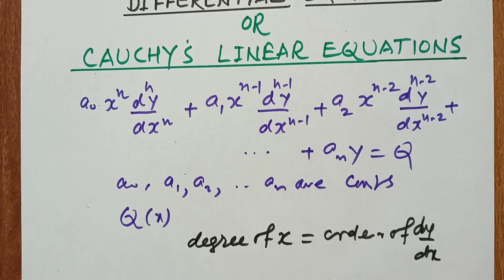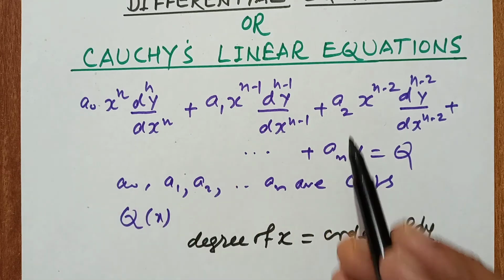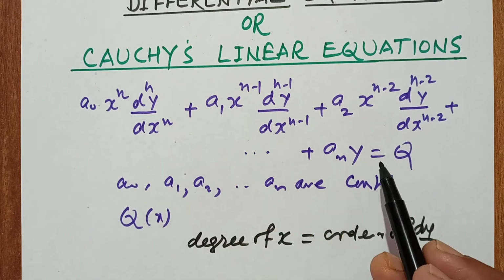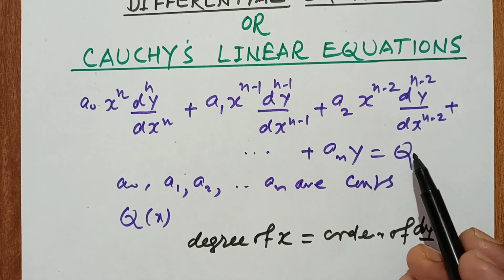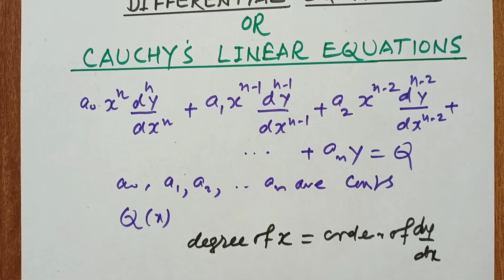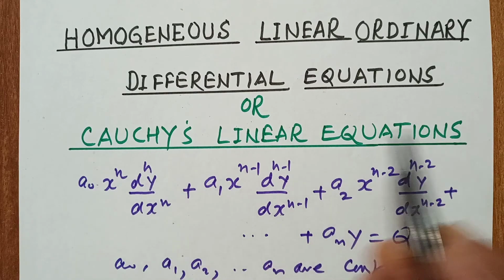It means the degree of x and the derivative of y is the same. So in this case we can say our given differential equation is homogeneous, and a0, a1, a2, an are constants. Here Q is either a function of x or a constant. So this type of differential equation is known as homogeneous linear ordinary differential equations.